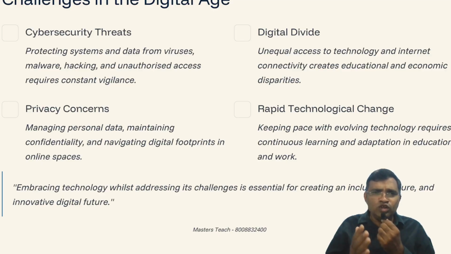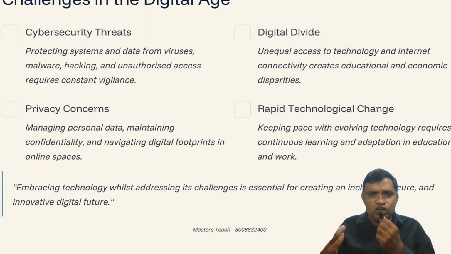Then when you are using the internet, there is a concern of privacy. Managing personal data is very difficult, as is maintaining confidentiality and navigating digital footprints in online spaces. Then technology changes. It is constantly changing. Today's latest one, tomorrow it's going to be updated.